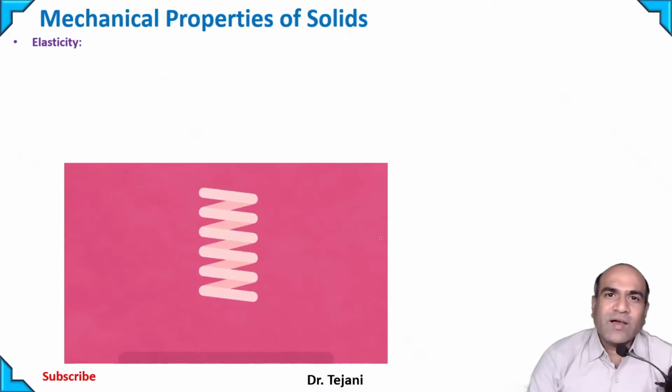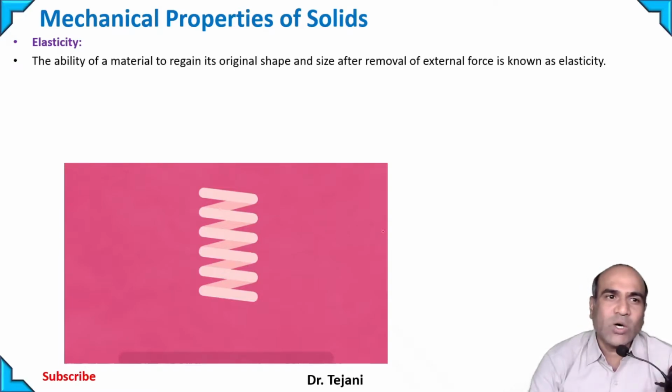Let's have elasticity again. We studied elasticity. Let's recall. It is the ability of a material, or you can say the property of a material, to regain its original shape and size after removal of external force.